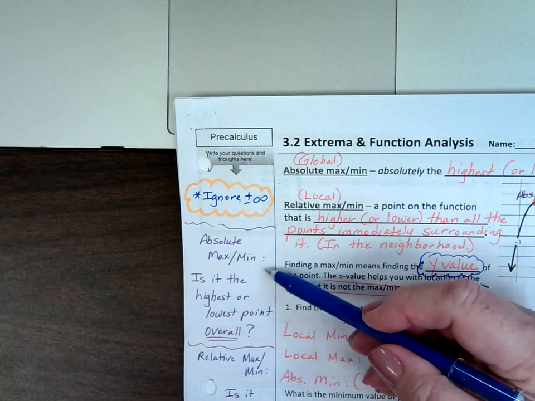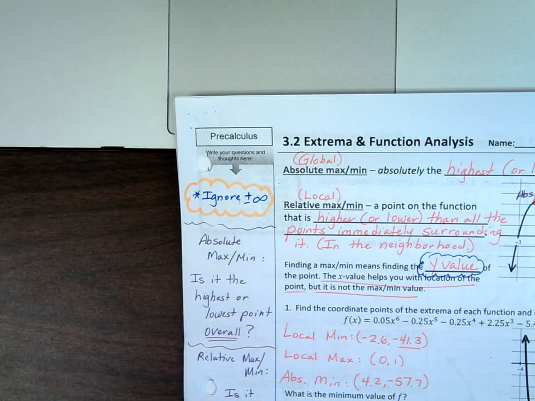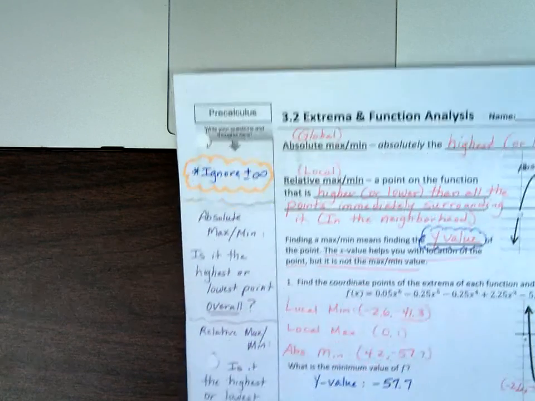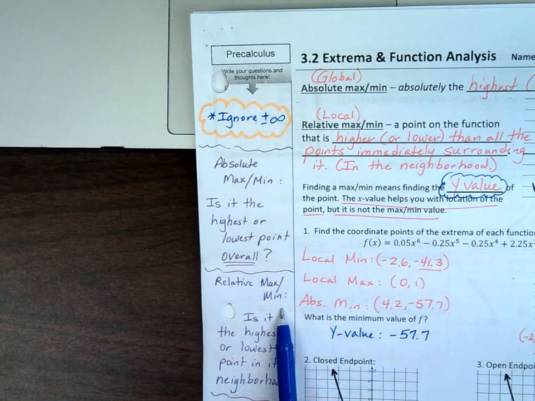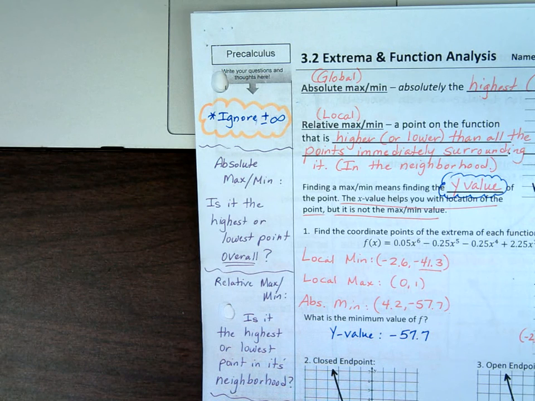And that's your absolute max or min. And so for relative max or min, again in my margin, I have a relative max or min, is it the highest or lowest point in its neighborhood? In its little area, are you a high point or low point? Are you a hill or valley in your little neighborhood? All right, we'll try some examples and then I'll show you the last bullet point I have in my margin there.